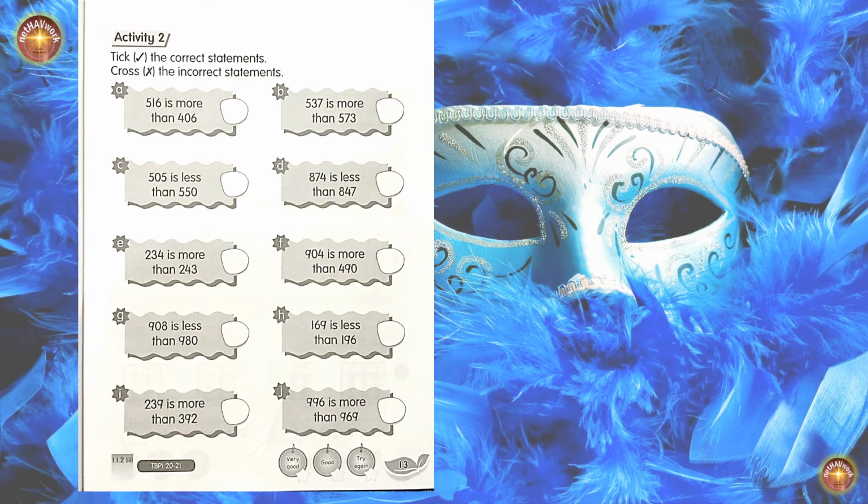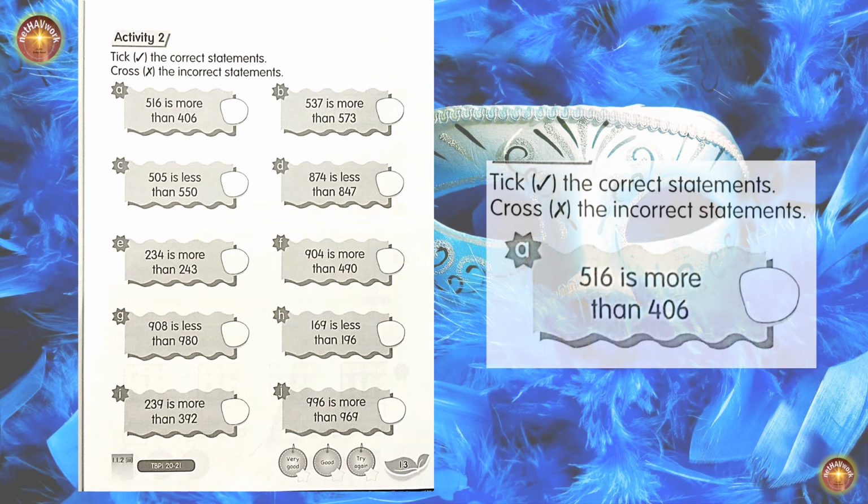For page number 13 in your activity book, you will see this instruction. Tick correct for the correct statements, cross X the incorrect statements. Alright, let's do together.